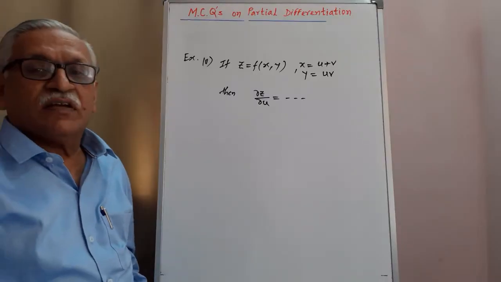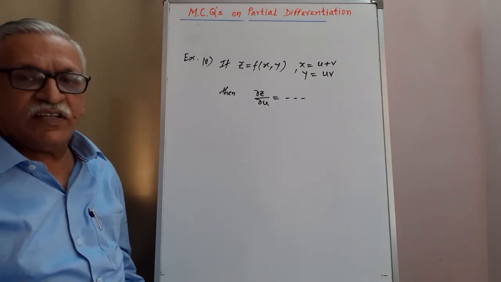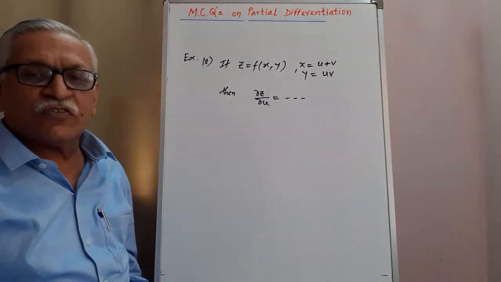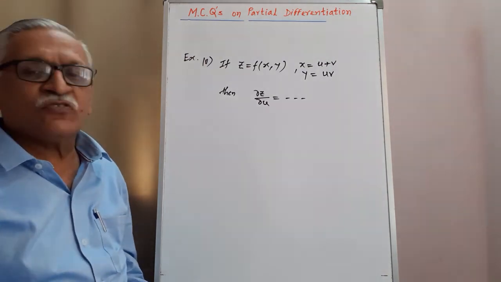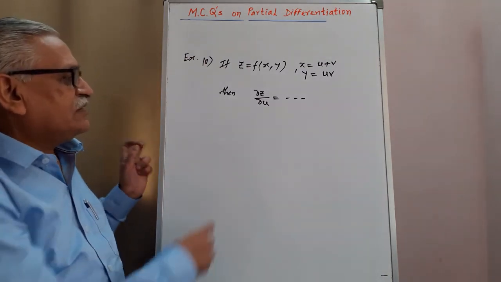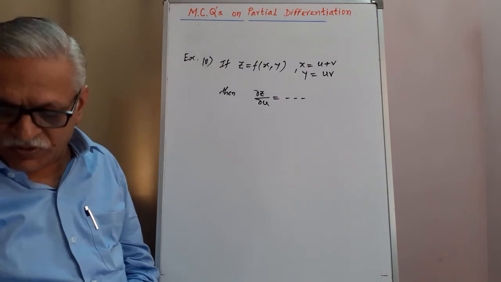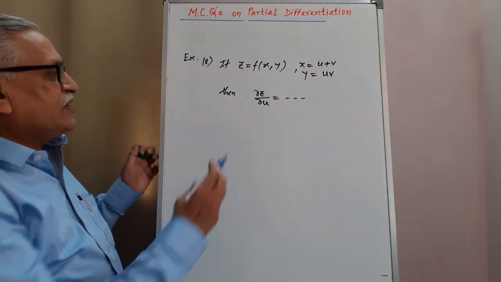Last example. If z is a function of x and y with x is equal to u plus v and y is equal to uv, then find the value of ∂z/∂u.